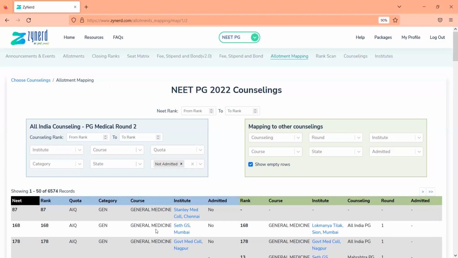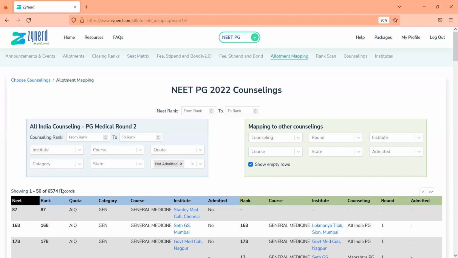Now, you will also have to understand that this is based on allotments. There were 20,000 plus allotments. There are unallotted seats as well, which belong to certain categories, such as non-clinical seats in government institutes. There might be seats under NRI category which are not allotted, MNG category which are not allotted, and seats belonging to PWD category which are not allotted.